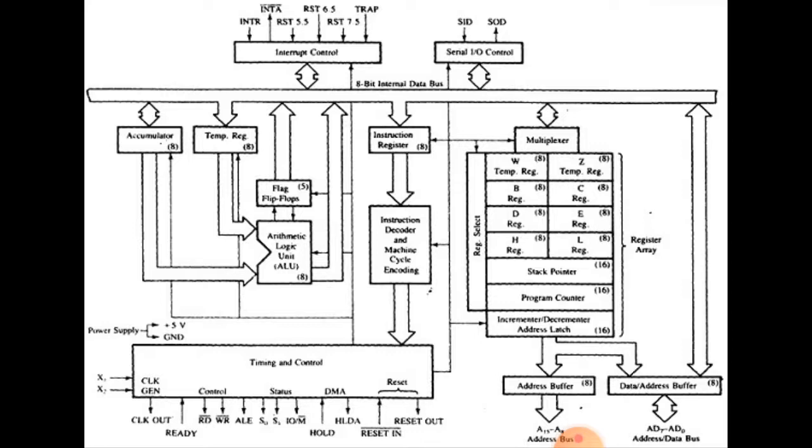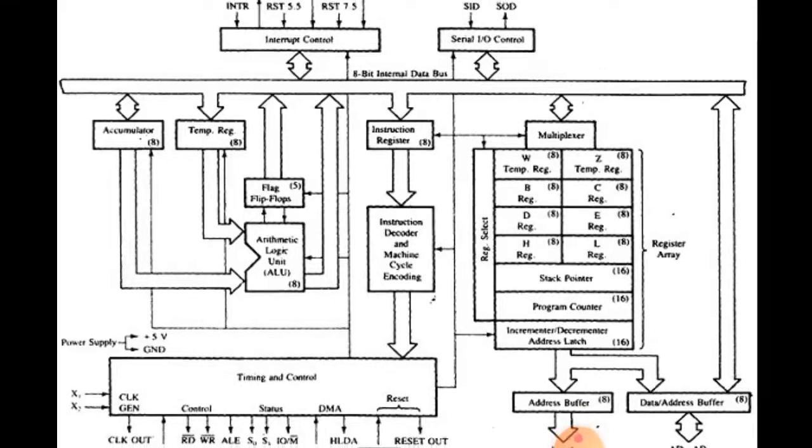After the request is completed, the control goes back to the main program. So this was regarding the interrupt signals in the 8085 microprocessor. It occurs during the execution of the main program.